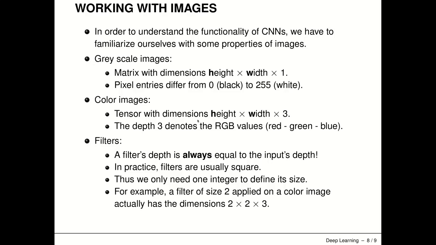When we say a Sobel filter has a size of 3, it means it is 3 by 3. Or, for example, when we say a filter of size 2 is applied on a color image, it means we have a 2 by 2 kernel 3 times, because the depth of the RGB image is 3.